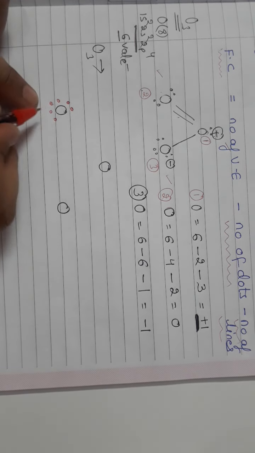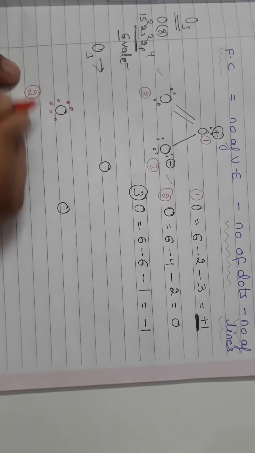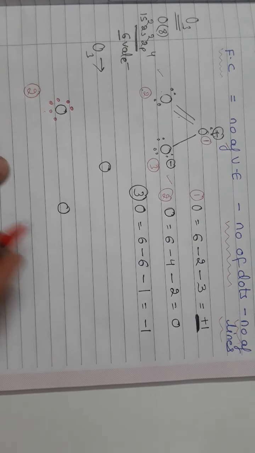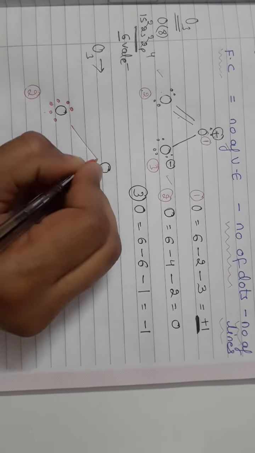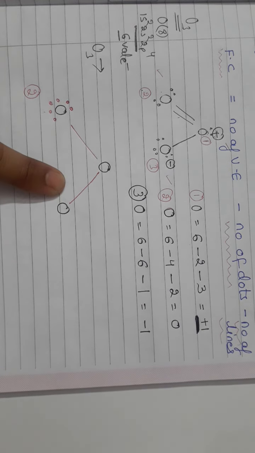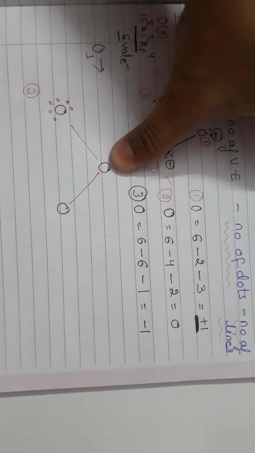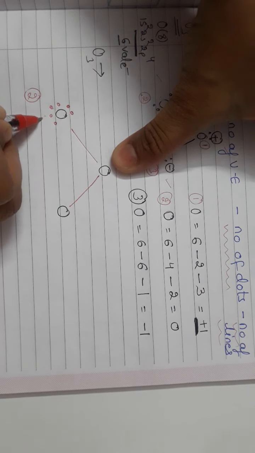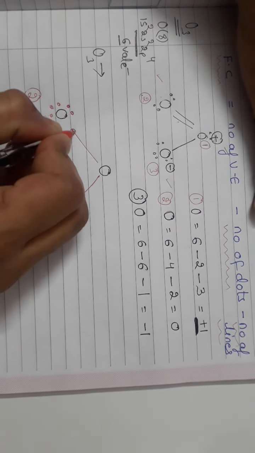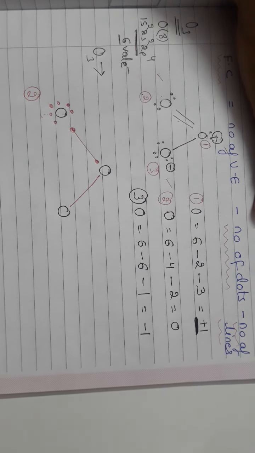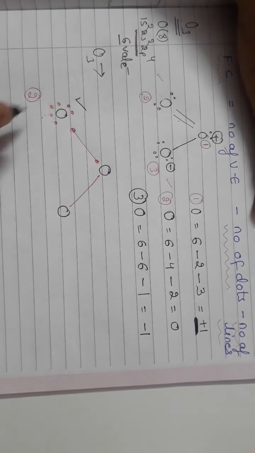For the second oxygen, already I have explained, 6 dots are there. You should first draw a single line with the middle oxygen atom. Now for this oxygen, octet is complete.